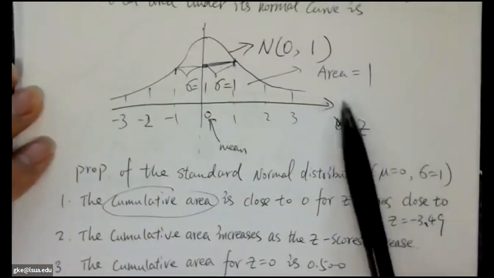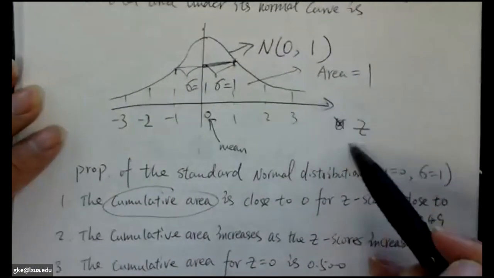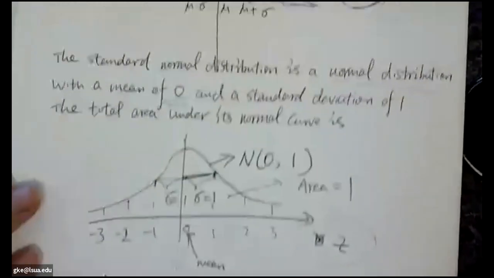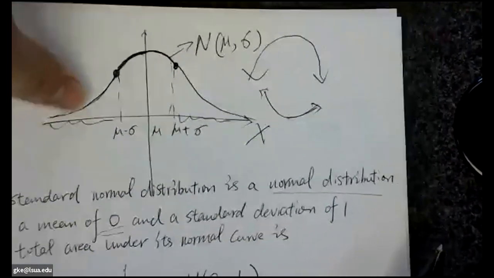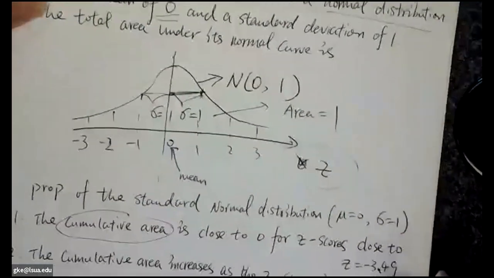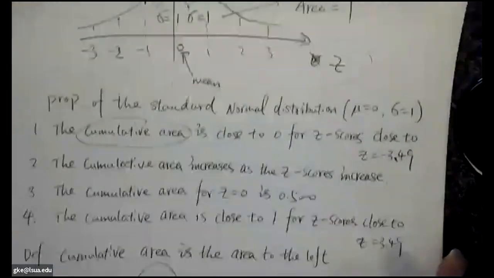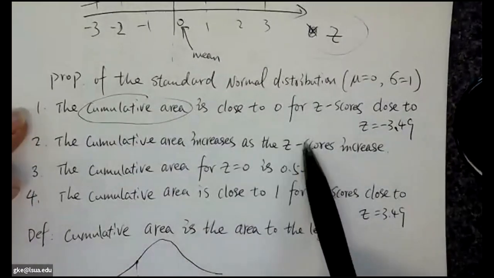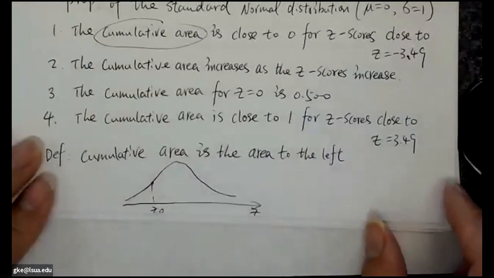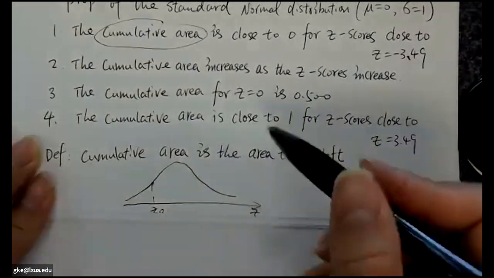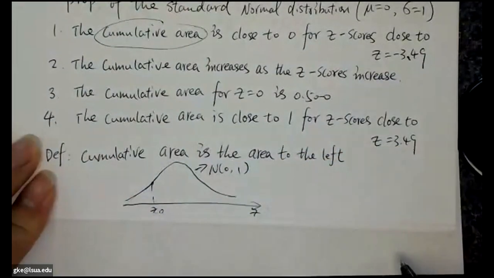When you talk about the standard normal distribution, you always use z instead of x. For the normal distribution you use x, and for the standard normal distribution we usually use z because that represents the z-score. Here we have z and the normal distribution N(0,1).